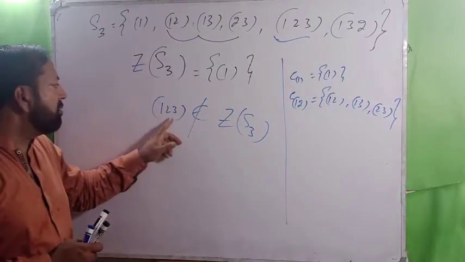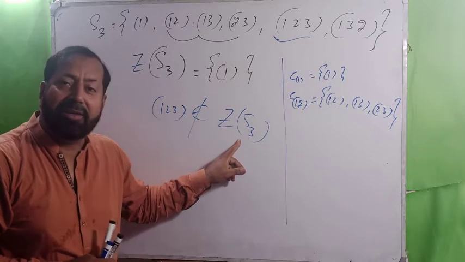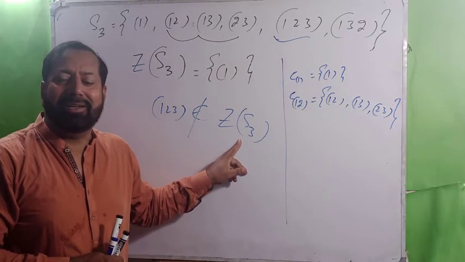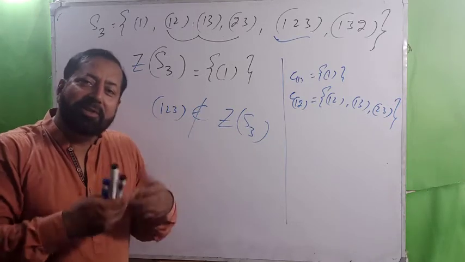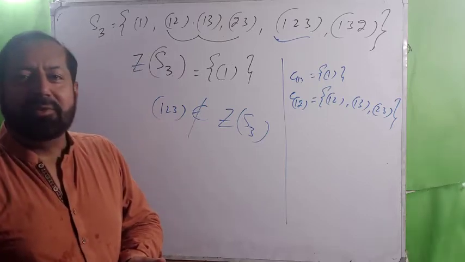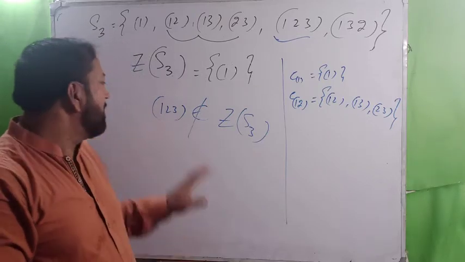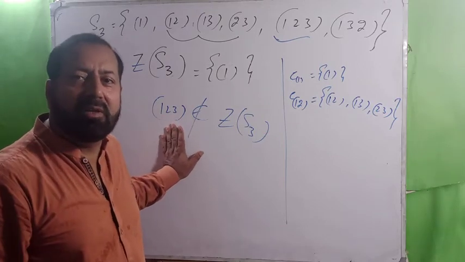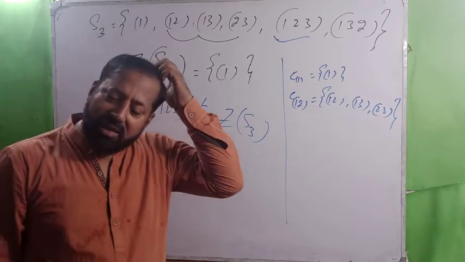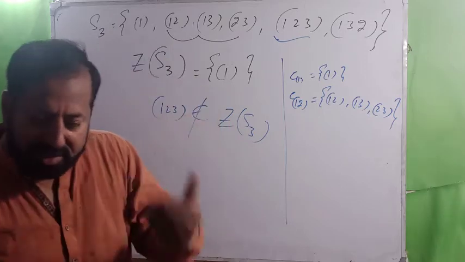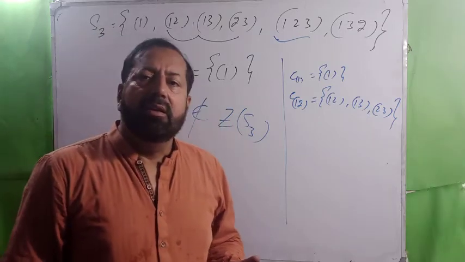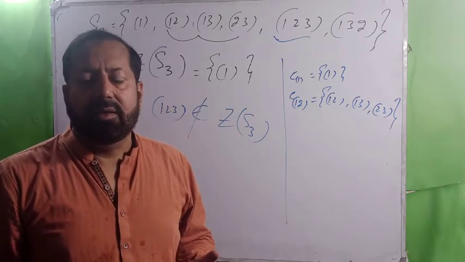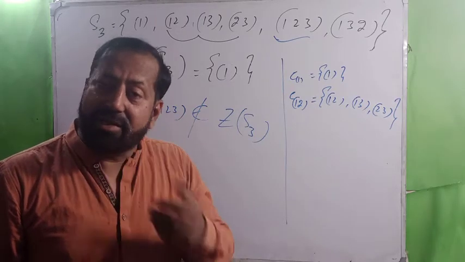Since (1 2 3) is not an element of the center, it is not self-conjugate. And since it is not self-conjugate, its conjugacy class must contain more than one element, because if an element is self-conjugate then it is a central element.